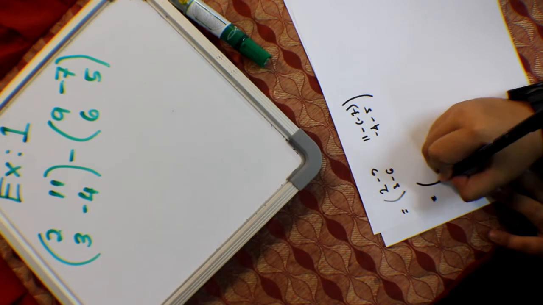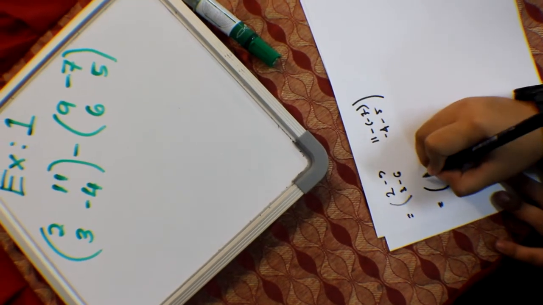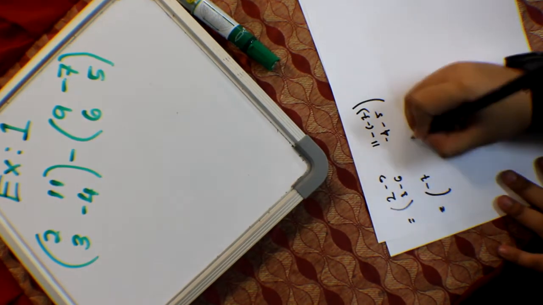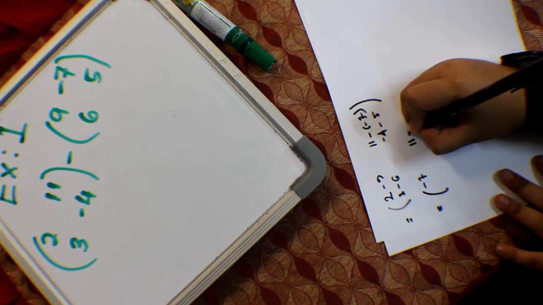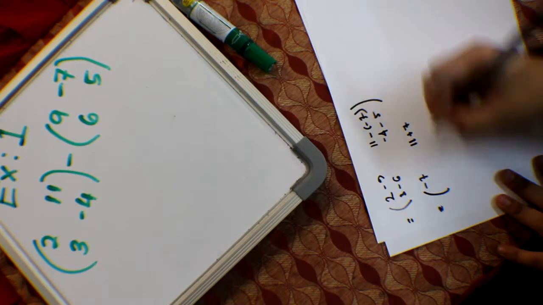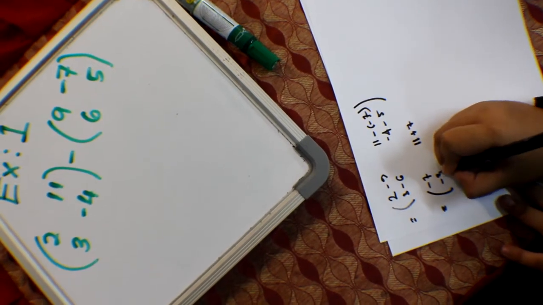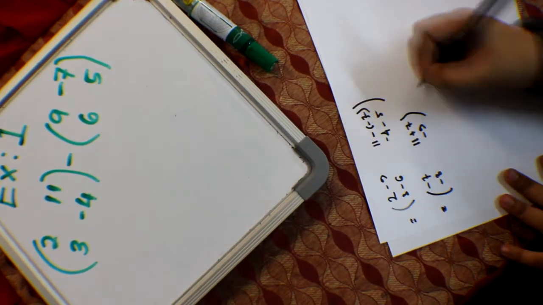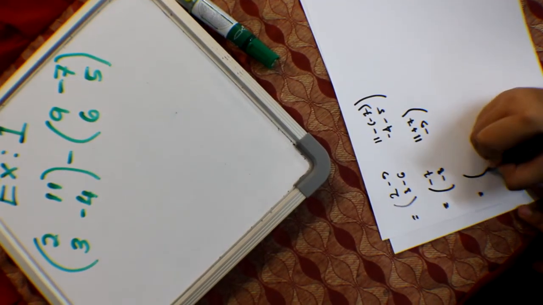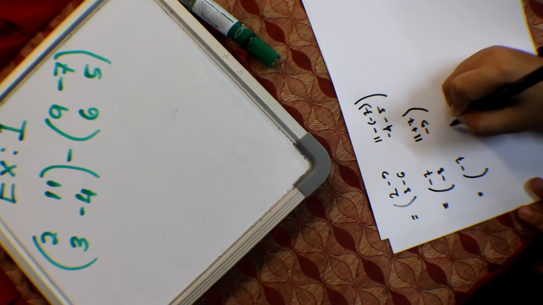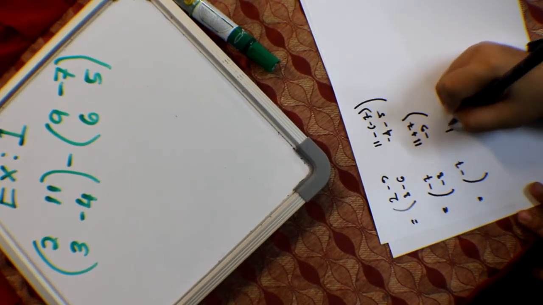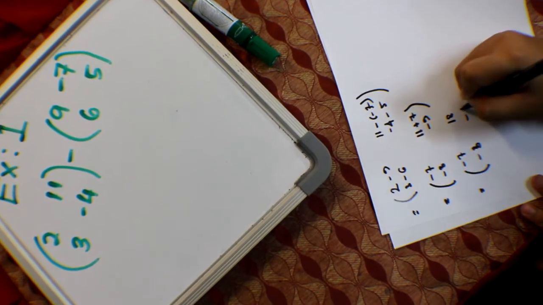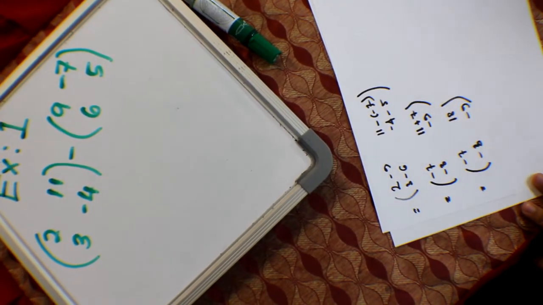And now solve them. 2 minus 9 is negative 7, 11 minus negative 7 is positive 18, negative 3, negative 9. And the final answer will be negative 7, 18, negative 3, and negative 9. That's it.